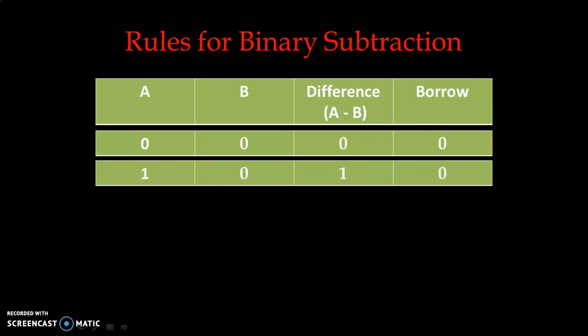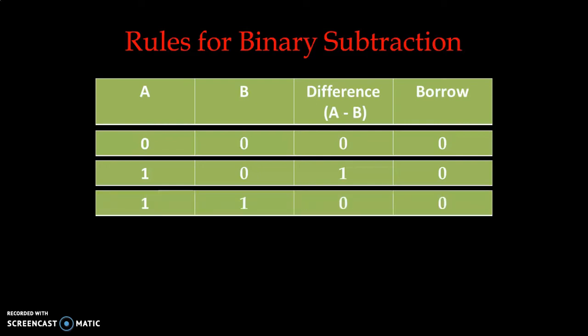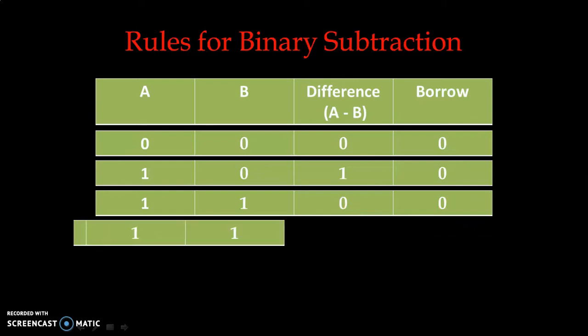The second condition, that is 1 0. 1 minus 0, 1 is greater, so the difference is 1 and we do not need any borrow. Then 1 minus 1, again we have similar values, so the difference is 0 and again we do not require any borrow.